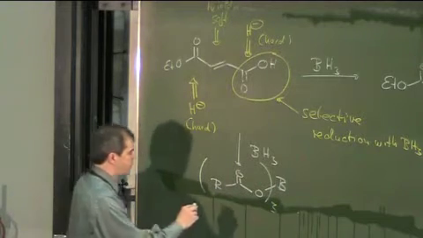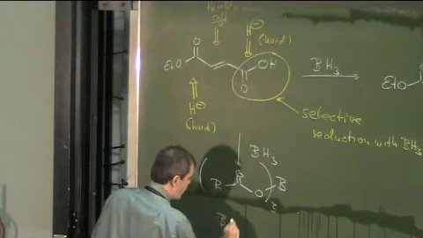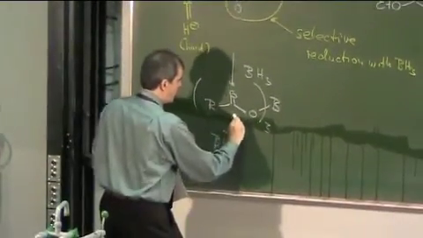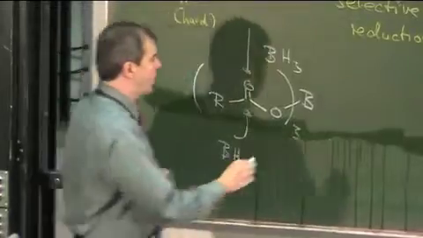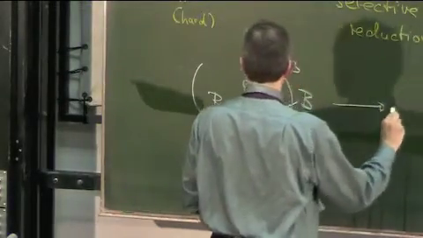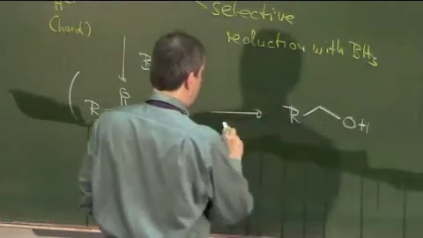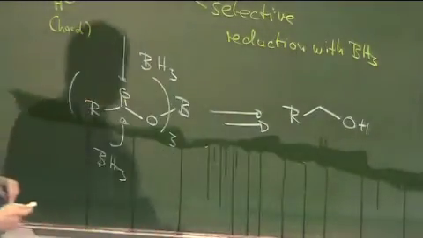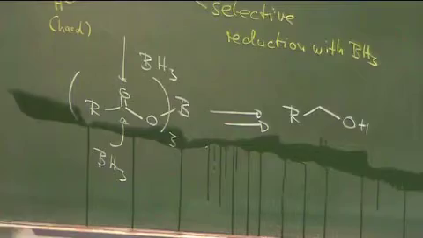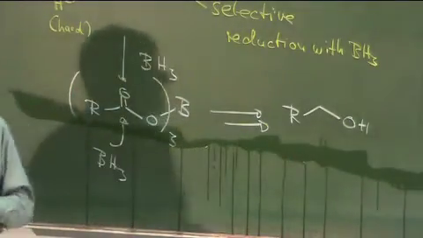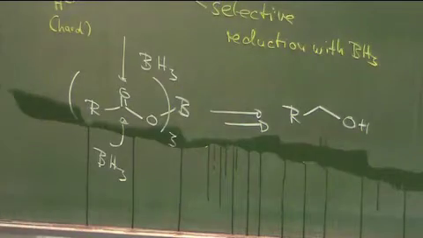And so with borane, this will now undergo the reduction selectively, and then the intermediate aldehyde derivative, which forms, again reacts further and forms the alcohol. So this is a very good way.